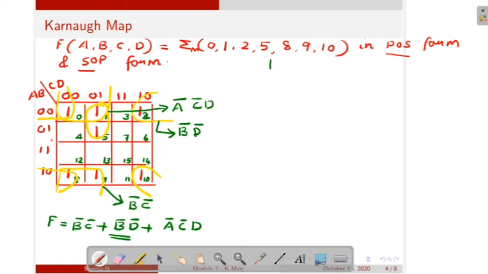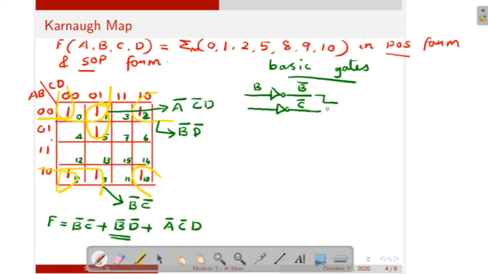First we implement using basic gates. So here B input is complemented, so we get B bar. Next C input complemented, we get C bar. Then both B bar and C bar are ANDed together to form B bar C bar.